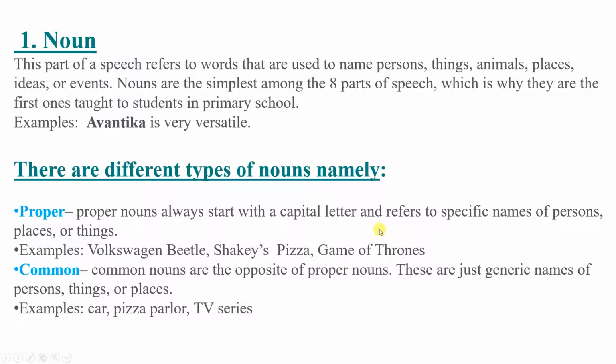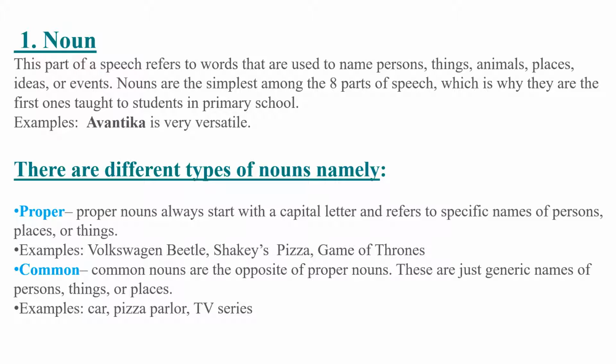Now common noun. Common nouns are the opposite of proper nouns. These are just generic names of persons, things or places. For example, students, people, car. Here car is a common noun, but if you are talking about a particular car, then it is a proper noun. Then pizza parlor.